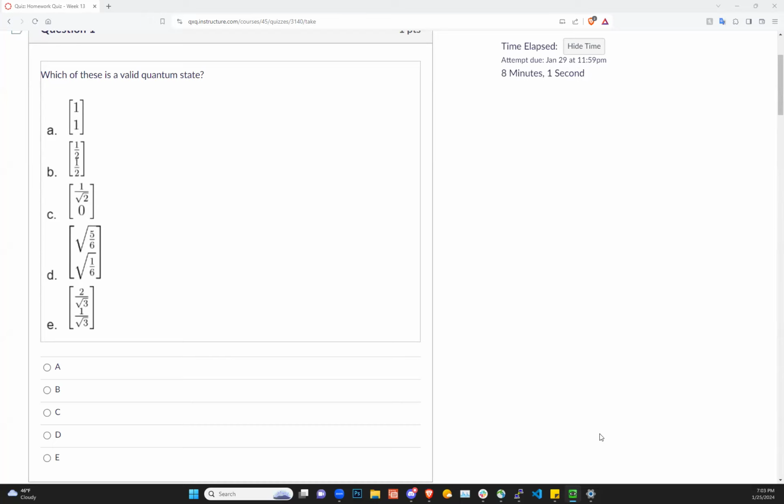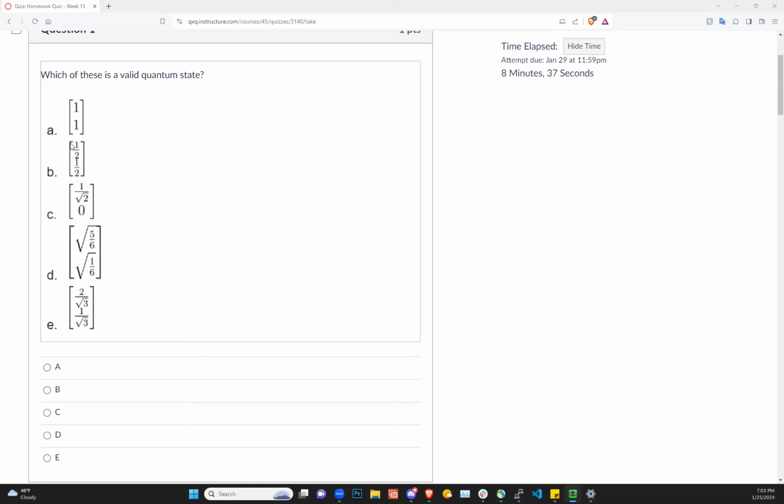Born's rule tells us that the square of the component gives us the probability of measuring the state that that component represents. So for example, if we squared this number on top here, we would get the probability of measuring the 0 state. If we squared the number on the bottom, we would get the probability of measuring the 1 state. Connecting this back to the norm or the length of the vector, of course, we have a 100% chance of measuring something.